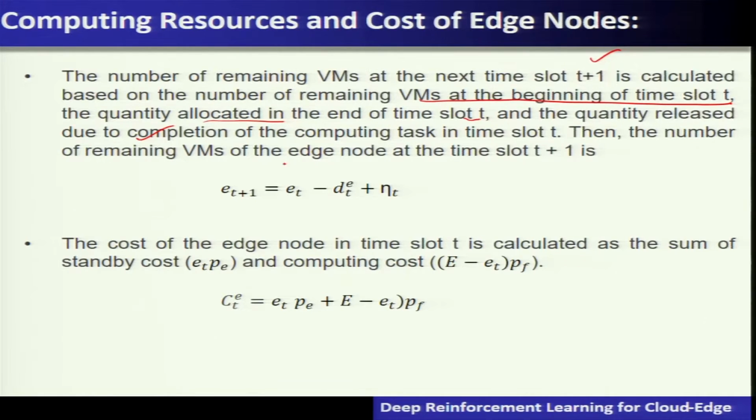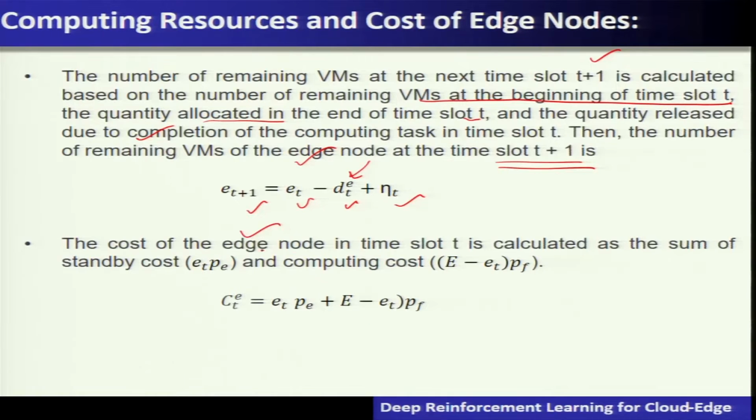So the number of remaining virtual machines of the edge node at the time slot T plus 1, or the next time slot, is given by Et plus 1 is equal to Et minus D of E, and that means at a time T the virtual machines from the edge which have completed are released and new ones are allocated. So the number of remaining virtual machines at the edge node at time T plus 1 is given by this.